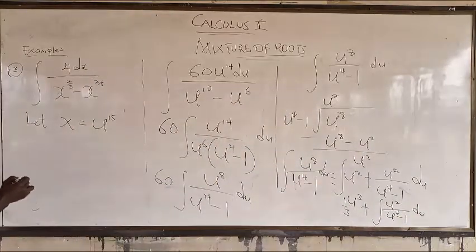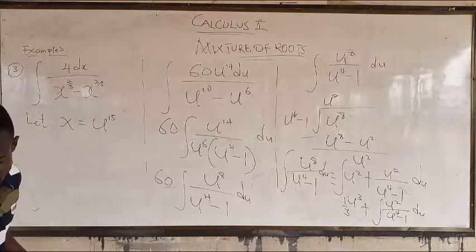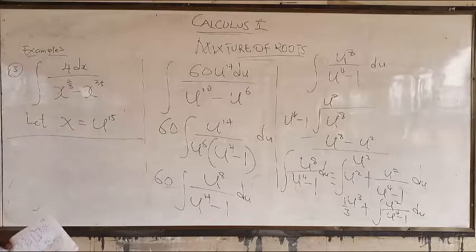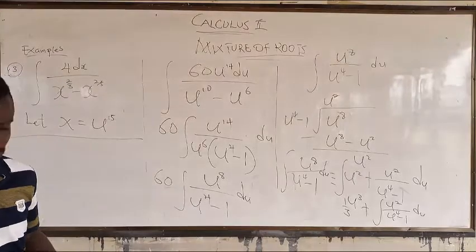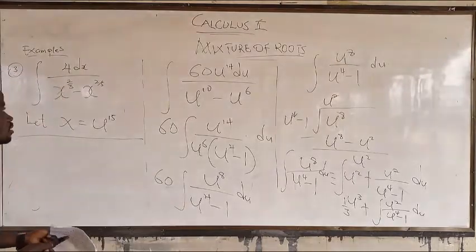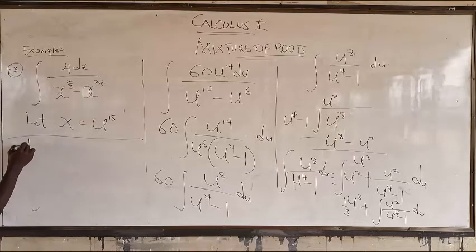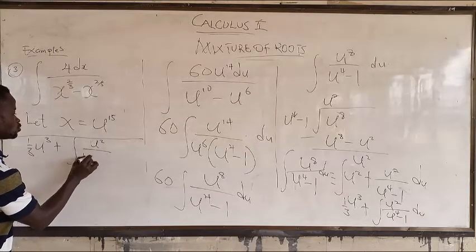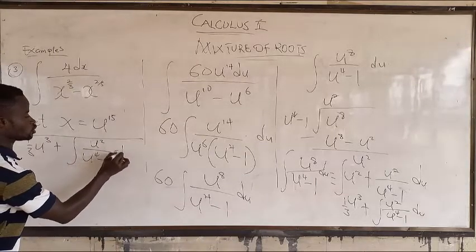Wow! So we are getting something that we need to think about. Let's leave that part. Plus the integral of u squared over u to the power 4 minus 1 du.